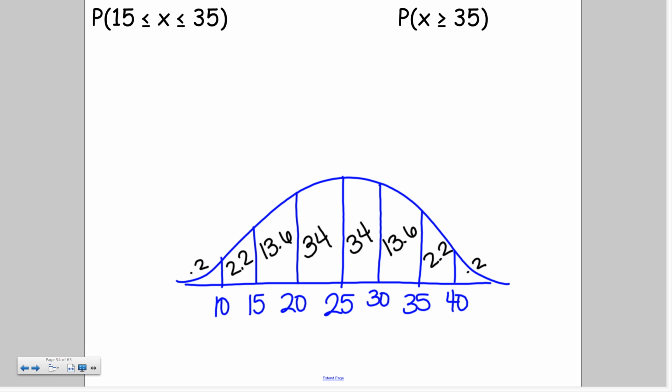Okay, so I've got my percentages lined up. Now, 15 is going to be my smallest number, so here, and then it's going to be less than or equal to 35, so right here. So I'm just going to add those numbers up: 13.6 plus 34 plus 34 plus 13.6. You can do that in your calculator, and you're going to get 95.2%.